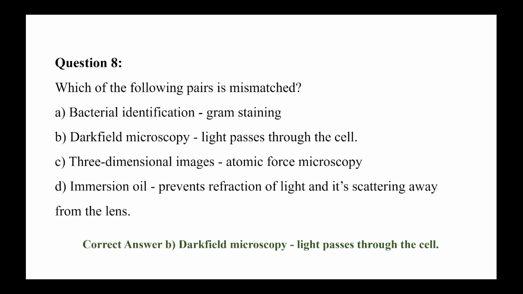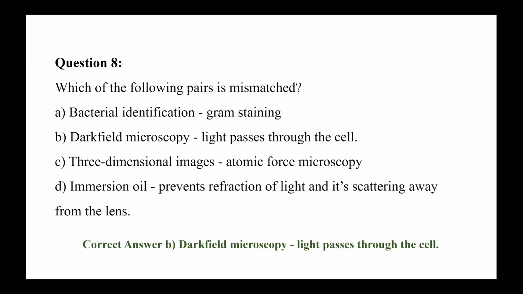That is also a correct match. Then we have immersion oil, which is also a correct match. Immersion oil is used to prevent the refraction of light and its scattering away from the lens. So we put a drop of immersion oil and then we use the 100x objective lens.